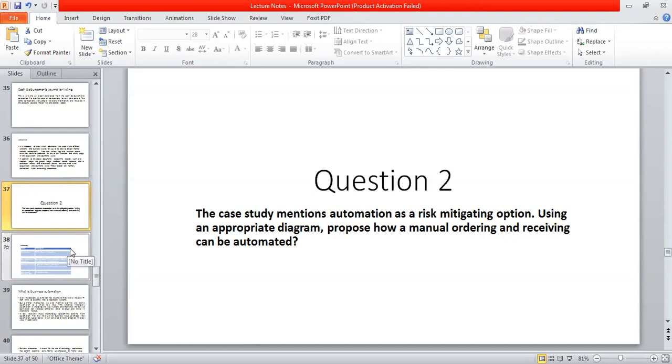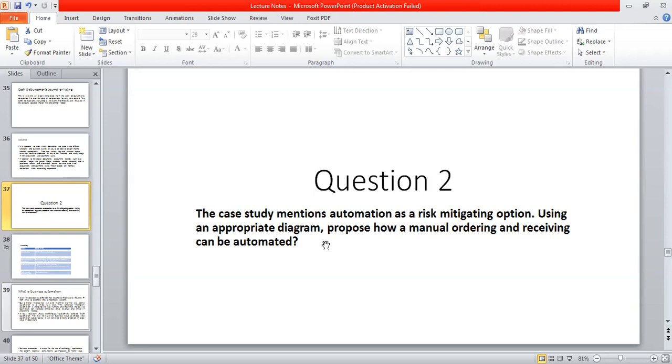It is mentioned in the case study that automation is one of the risk mitigating options for the different risks mentioned: internal fraud, external fraud, conflict of interests, and the errant payments and also missed payments or late payments.